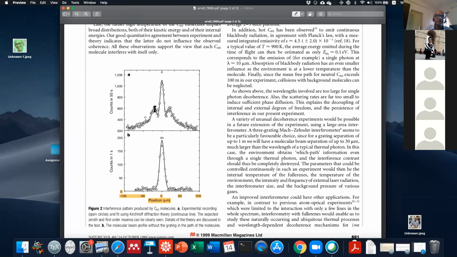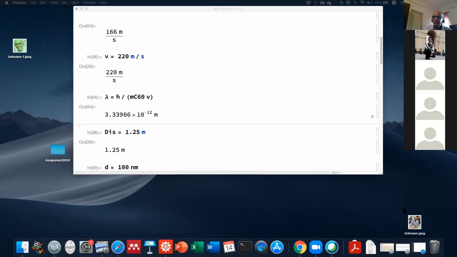You have the horizontal axis, and the horizontal axis scale is given here. From the experimental data, using the figure, you have to find that distance and compare it with the value of S that you have calculated.